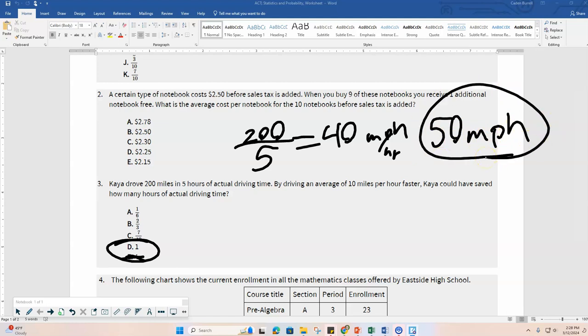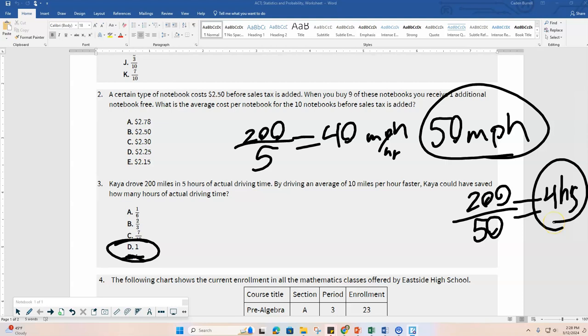And if she goes 200 miles going 50 miles an hour, 200 divided by 50, it would take her 4 hours to drive the 200 miles.